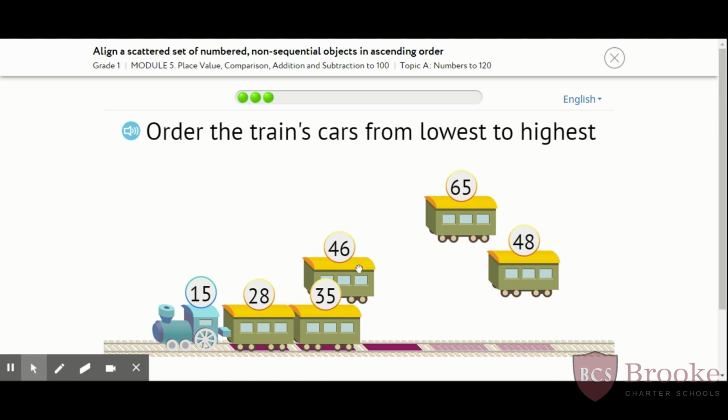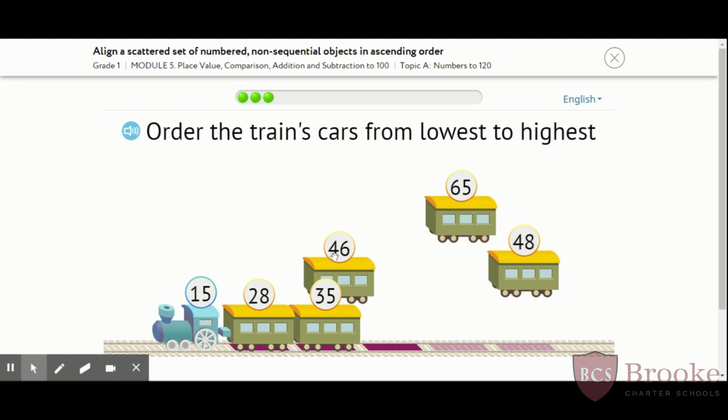Now let me check my tens again. How many tens in 46? 4. How many tens in 65? 6. And how many tens in 48? 4. Which is the smallest value of tens? 4, 6, or 4? I agree.